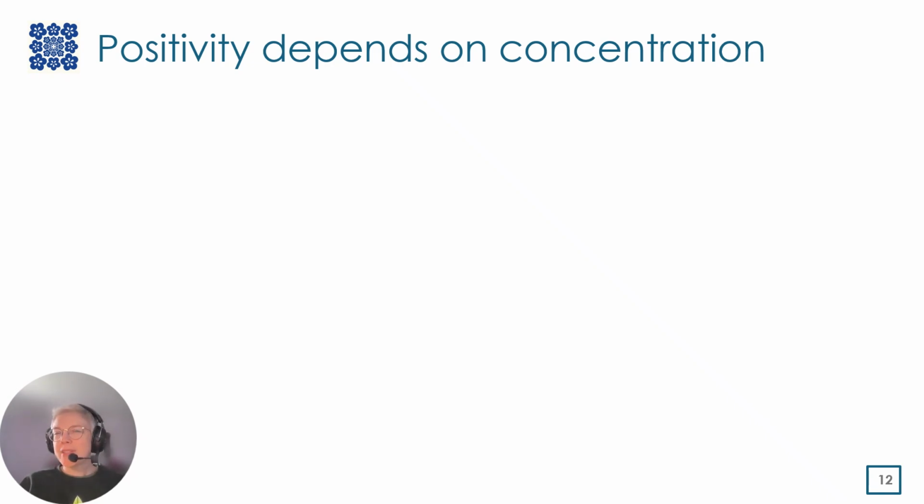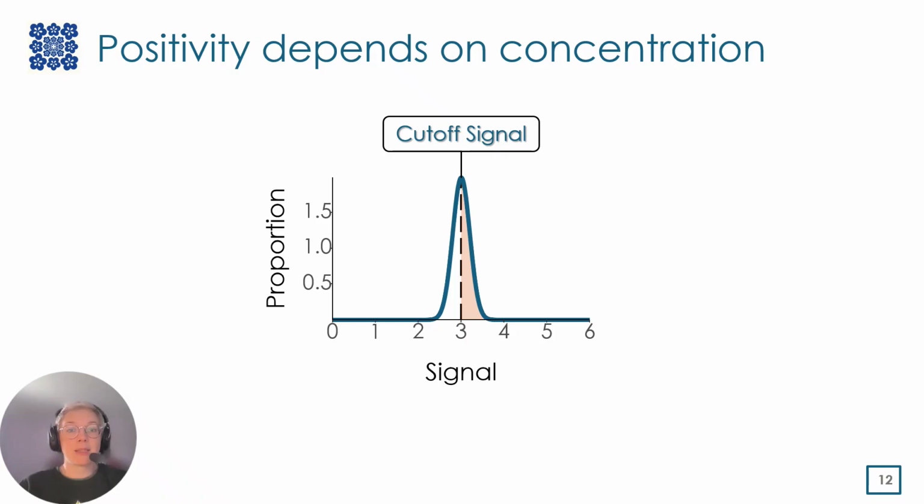But what happens if we analyze 100 samples at exactly the cutoff concentration? Well, the signals are all going to be a bit different just due to the random error. It's probably going to look something like this. And 50% of those will be positive, 50% will be negative.